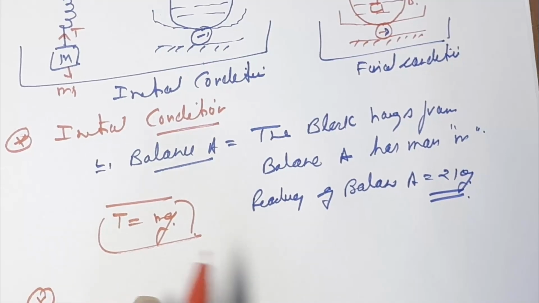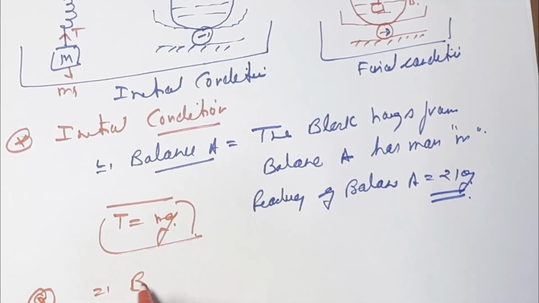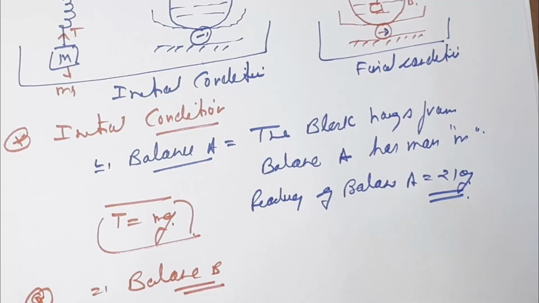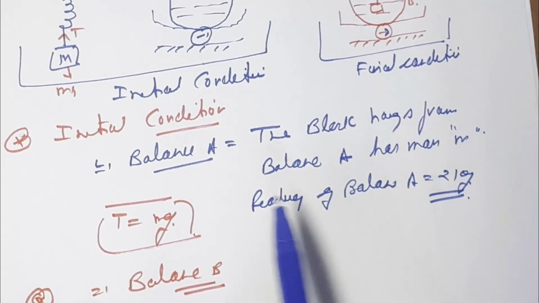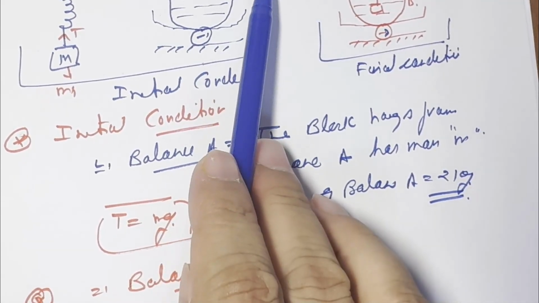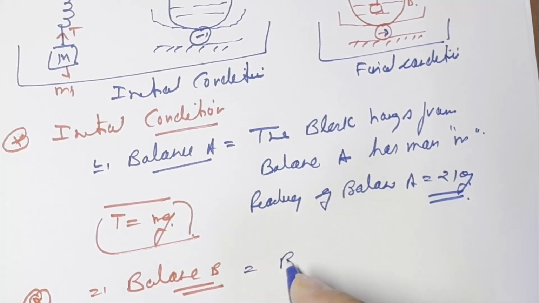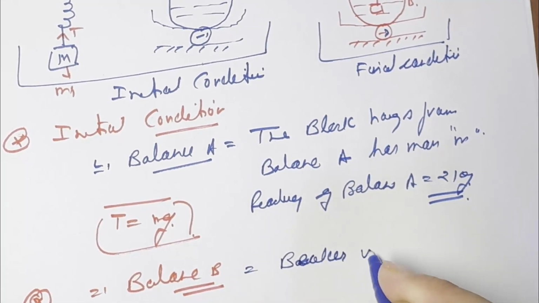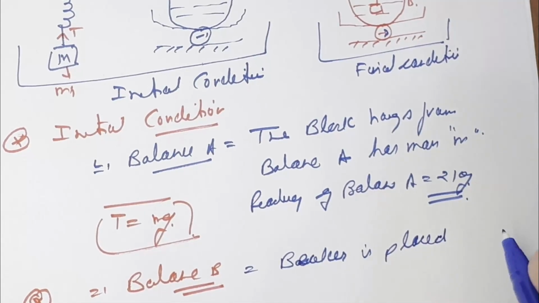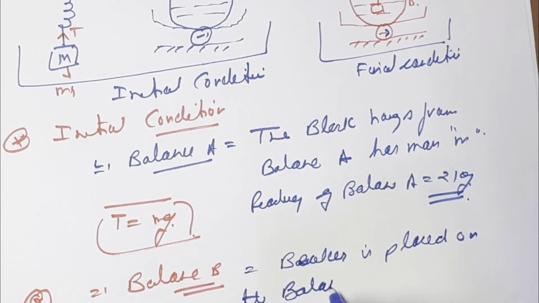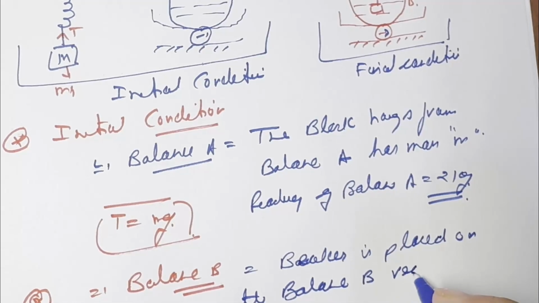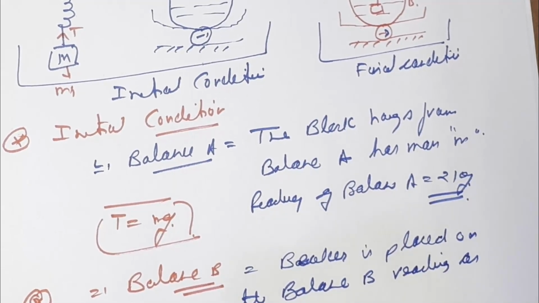Now we have balance B. Now the beaker is placed on this balance and it is reading 5 kg. So we can say that the beaker is placed on balance B, reading 5 kg.